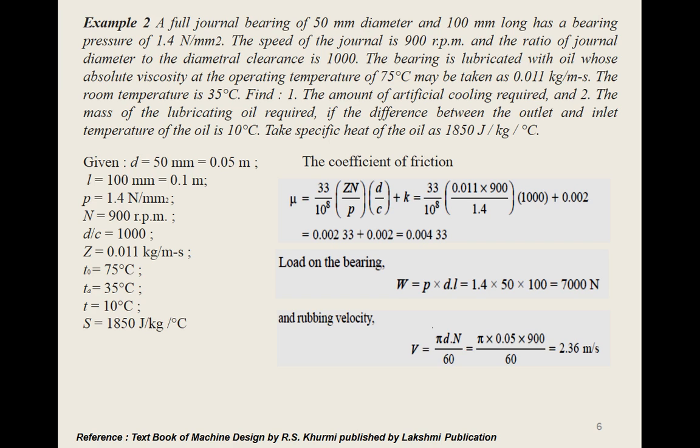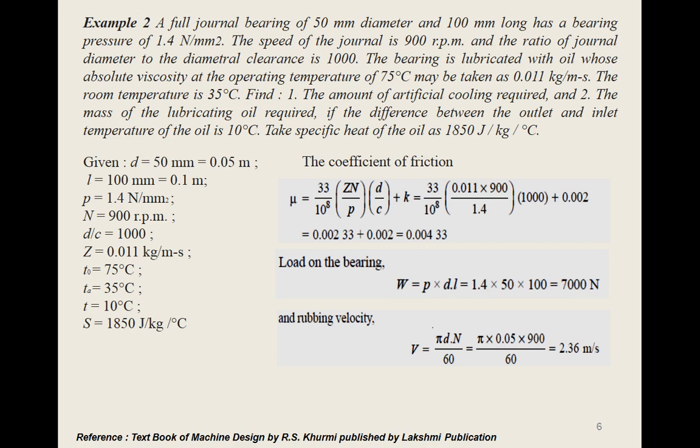We have to calculate the amount of artificial cooling and the mass of the lubricating oil required. Here the difference between the outlet and the inlet temperature is 10 degrees centigrade, and the specific heat of the oil is 1850 joule per kg per degree centigrade.